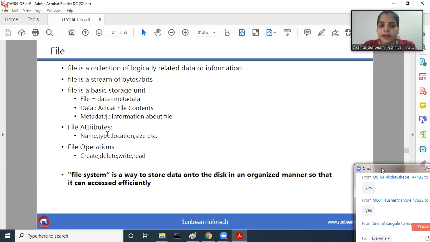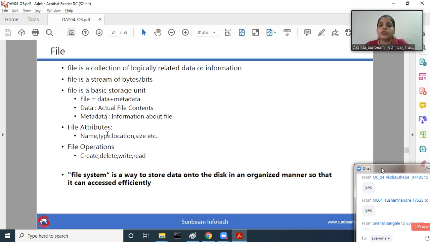Now, if you talk about a file system, if you're using the Windows operating system, it has its own file system. If you're using Ubuntu, it has a UFS file system. If you're using Apple or Mac, they have the HFS file system. So every system has its own manner in which the files are stored.